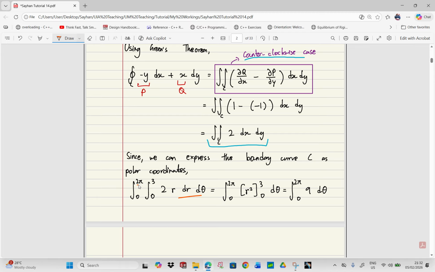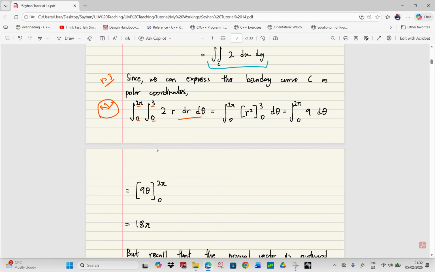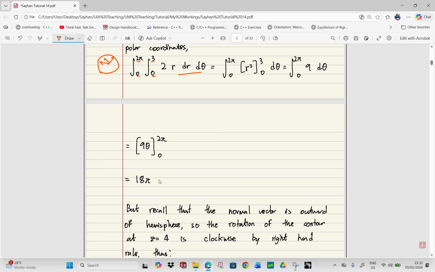The limits are 0 to 2 pi because it's a full circle, and r is between 0 and 3, because the maximum radius we got was 3. So from r equals 0 to r equals 3 you get the circle. Upon integration we get 18 pi.